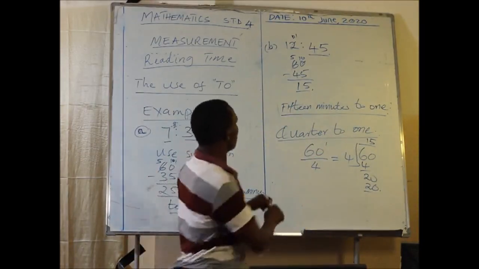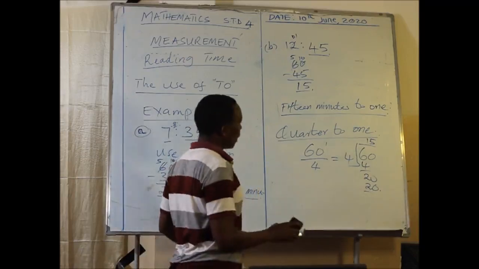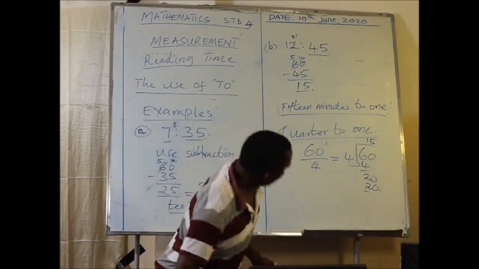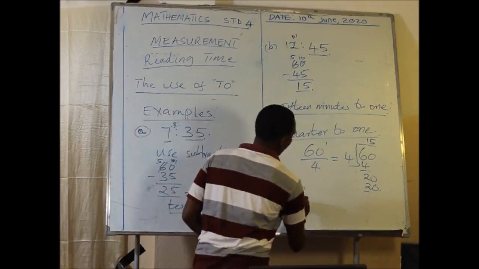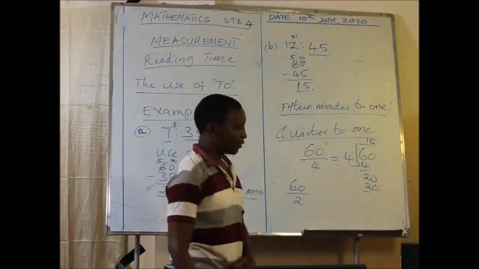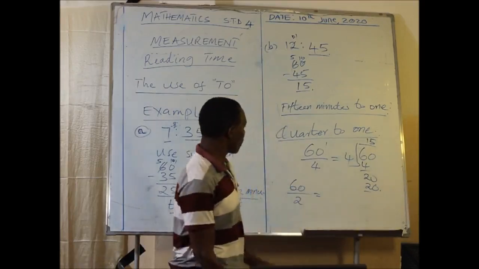And because of this quarter of an hour, let me tell you even about a half. A half, when you take 60 minutes divided by 2, so as to get a half of it, because a half is something divided into 2 equal parts.